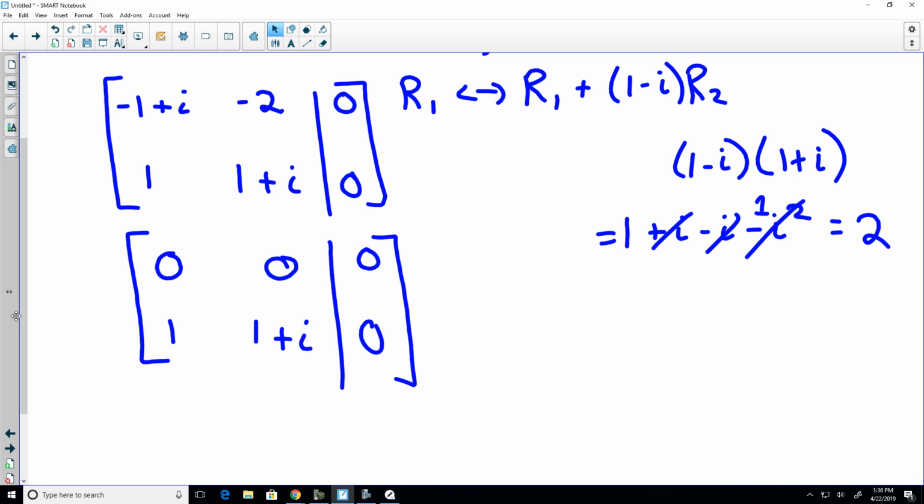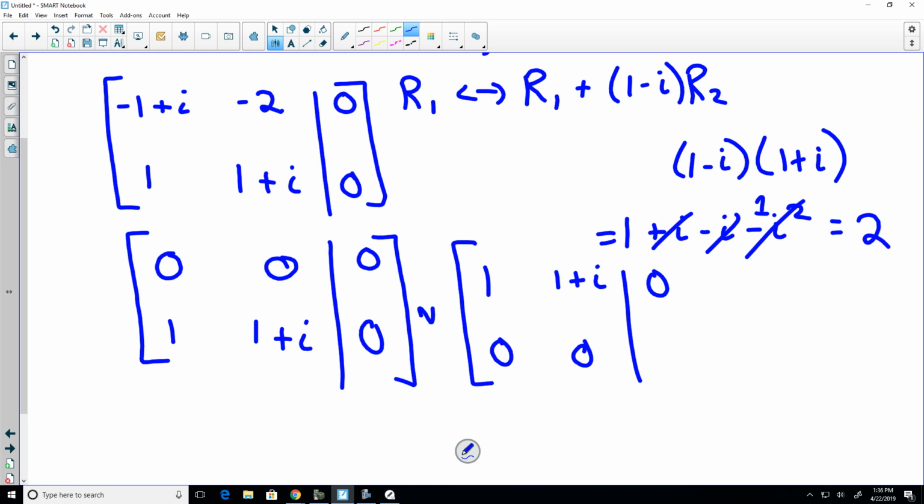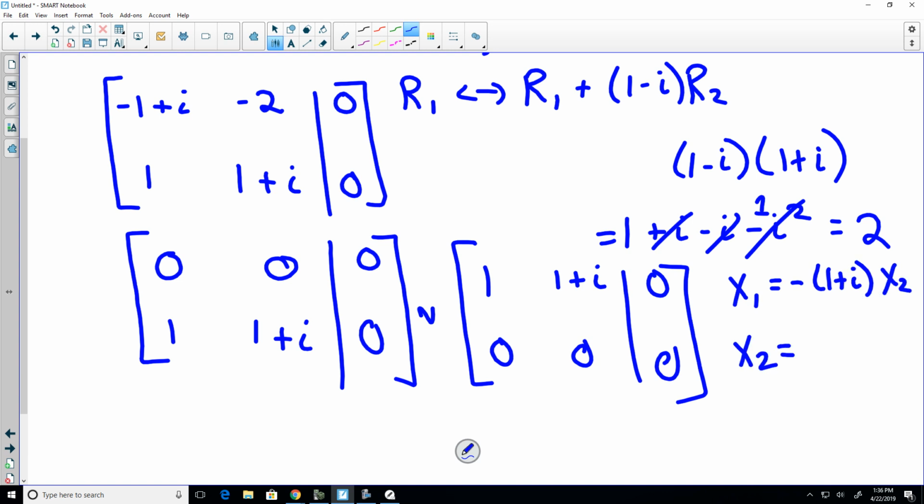So now we just need to swap the two rows. And we get x1 equals negative 1 plus i x2, and x2 is free. So let's do the same thing. Let's make that 1.